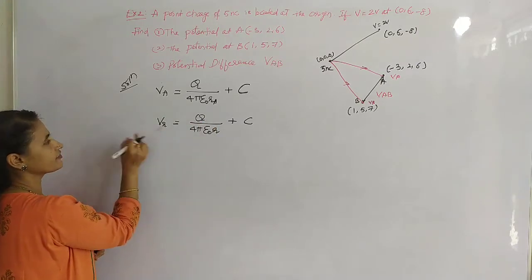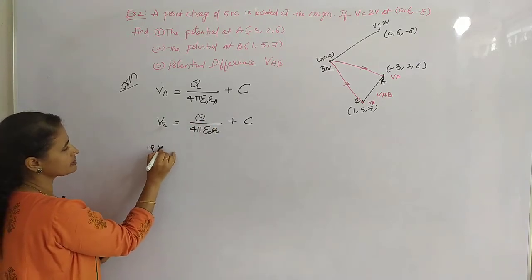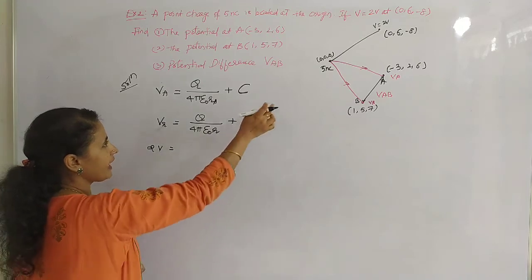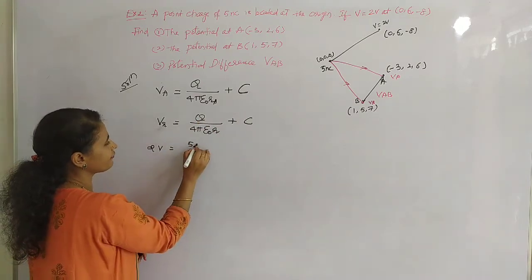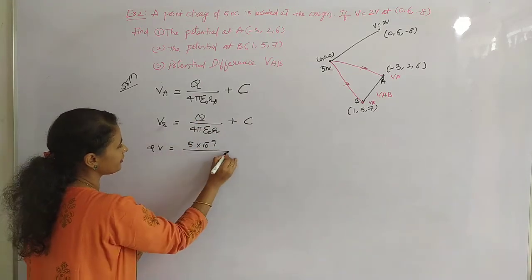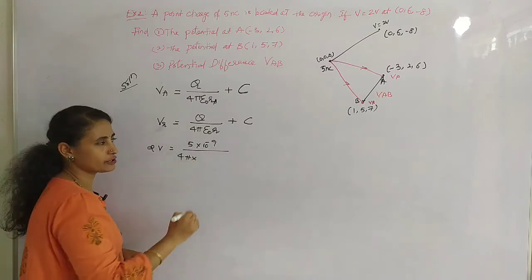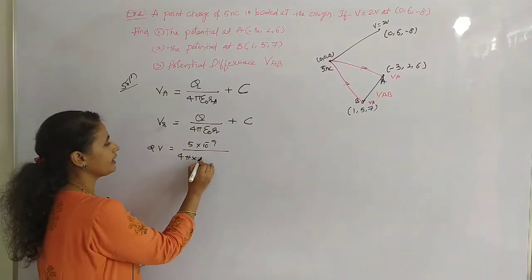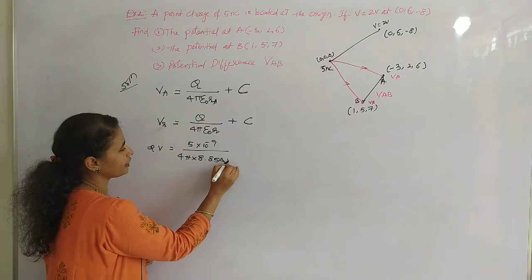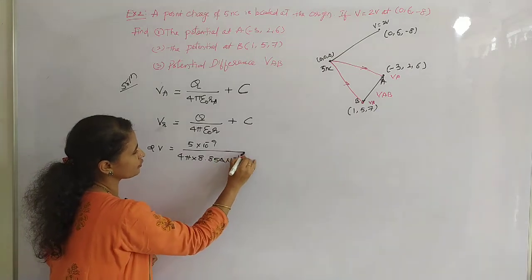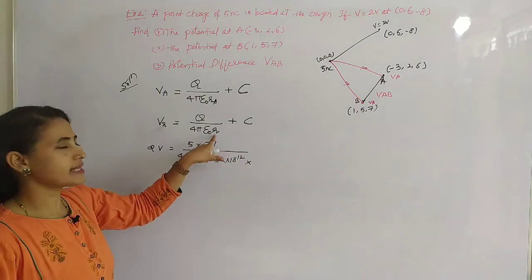What is the voltage given? It is given as 2 volts, which is given by the point charge of 5 nanocoulombs divided by 4 pi into epsilon naught, 8.854 into 10 raised to minus 12, into r.